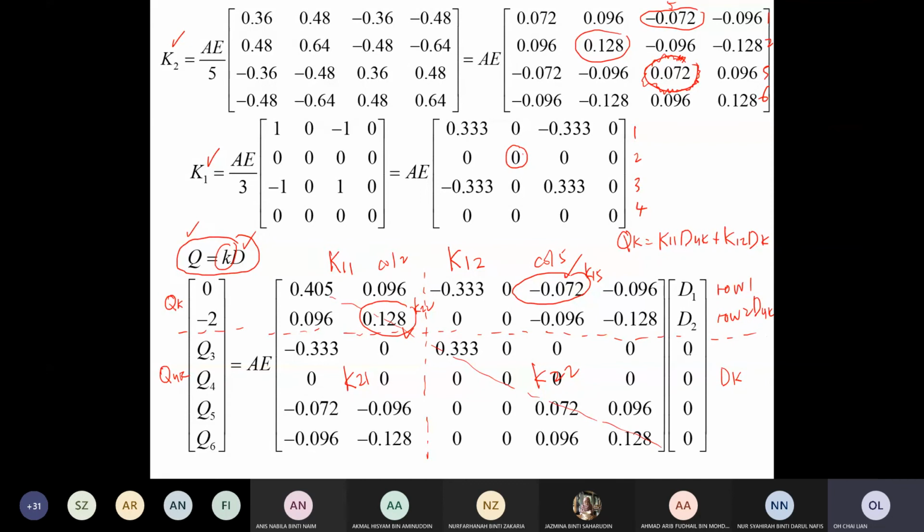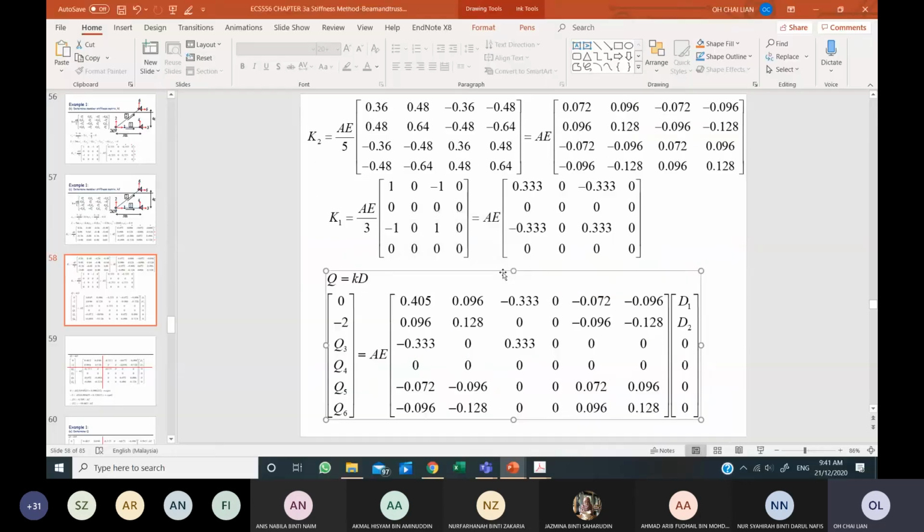But this D known is all 0. So whenever the information here in K12 multiplies 0, it will be 0 in this case. Therefore you only have this left to solve. You will have 2 equations here.